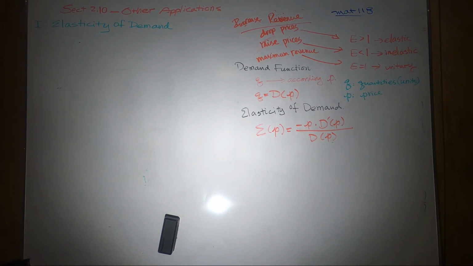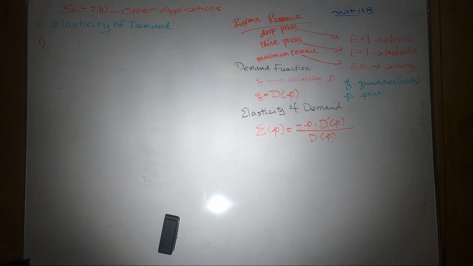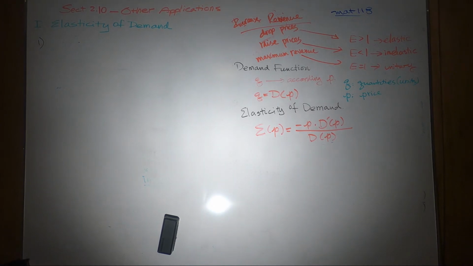Let's take a look at page 60. An example there. So it says, finding elasticity of demand for commuter bus service.